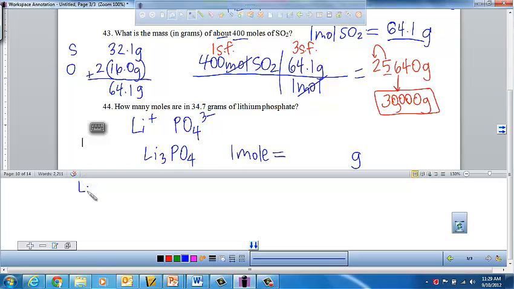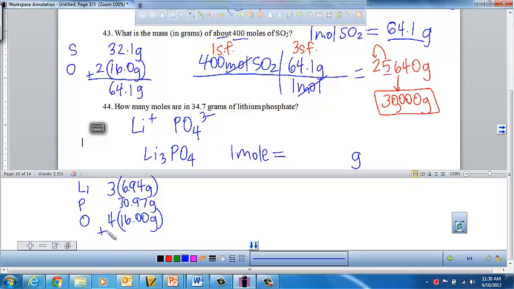So lithium, phosphorus, and oxygen. Lithium has a mass of 6.94. Phosphorus has a mass of 30.97. And oxygen is 16. And lithium, we have 3 of them, and 1 phosphorus, excuse me, and 4 oxygens.